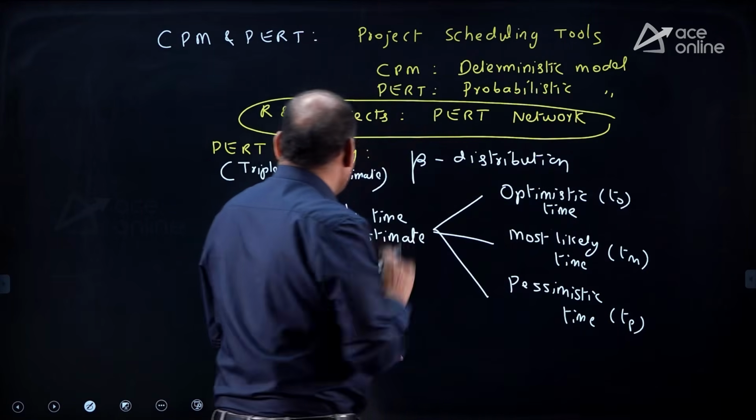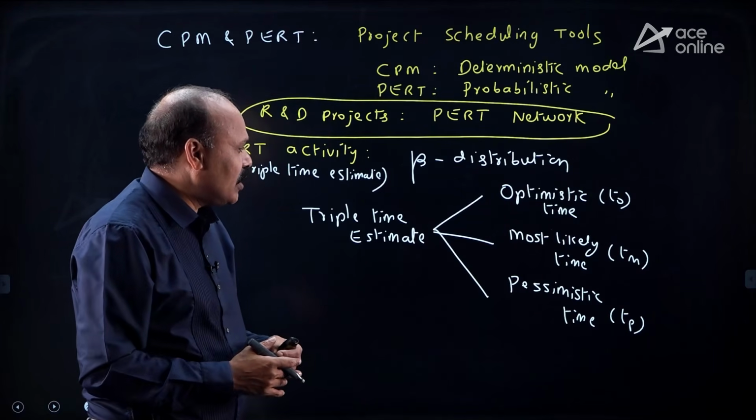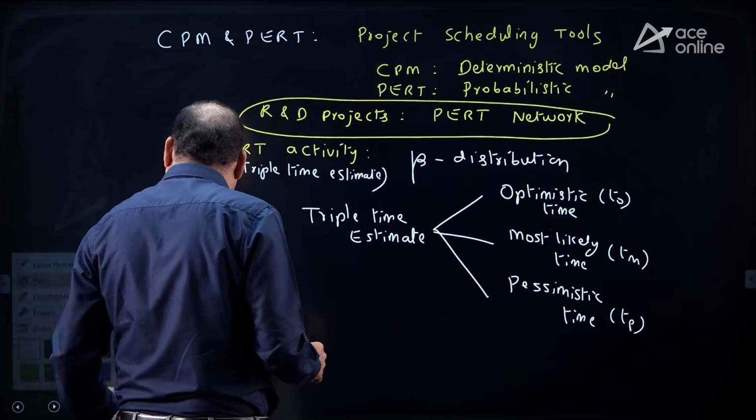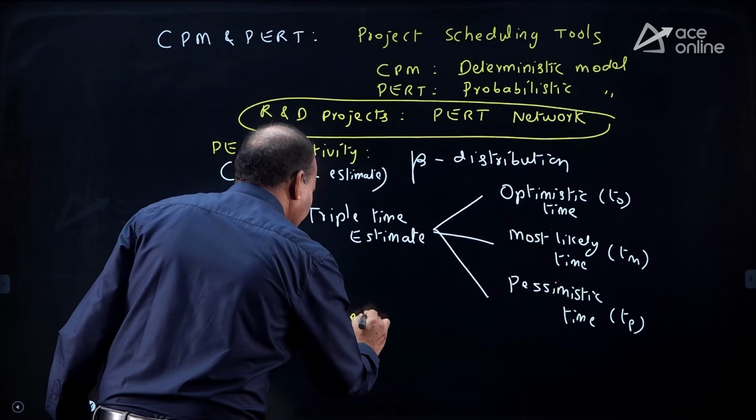So a PERT activity will have 3 times: optimistic time, most likely time, and pessimistic time. From these 3 times, we are supposed to find out the expected duration of the activity.